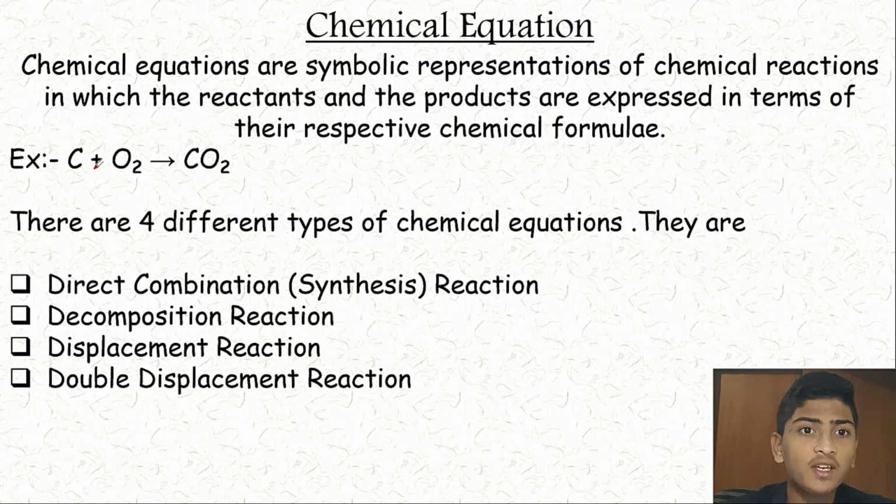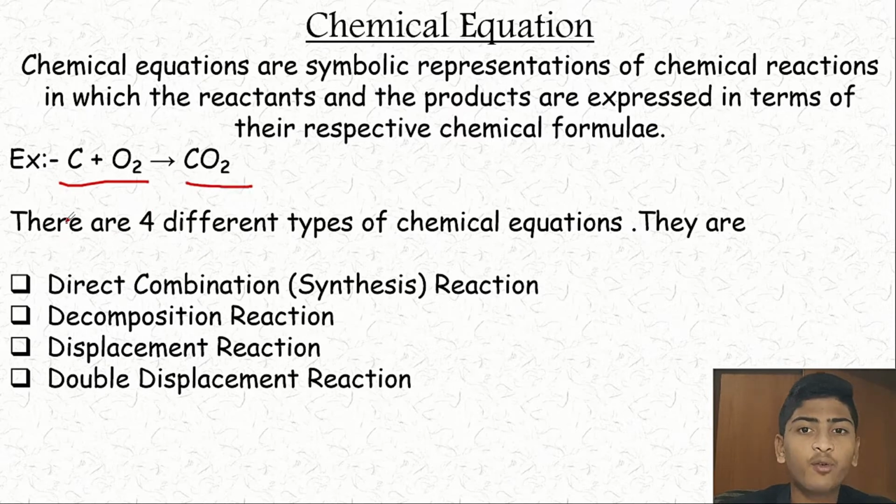Here, if we mix carbon and oxygen, we get carbon dioxide. And if we take H2 plus O2, then we get H2O. Like this, after certain chemical reactions, we get new products. Here, these are reactants and these are products.